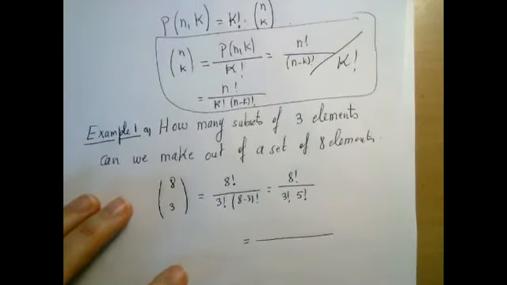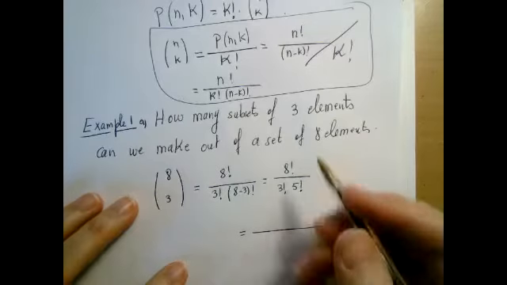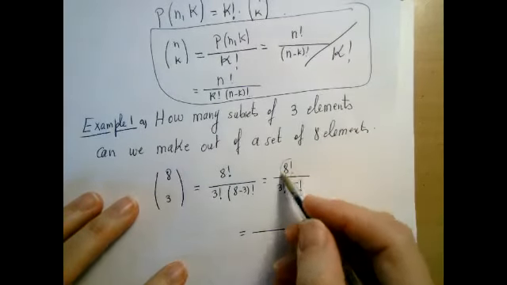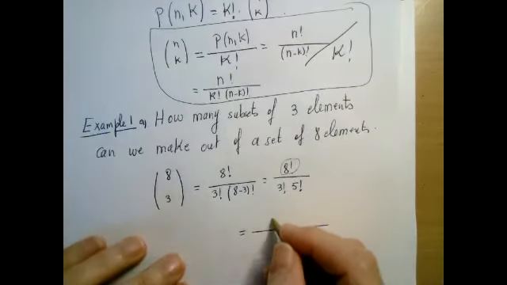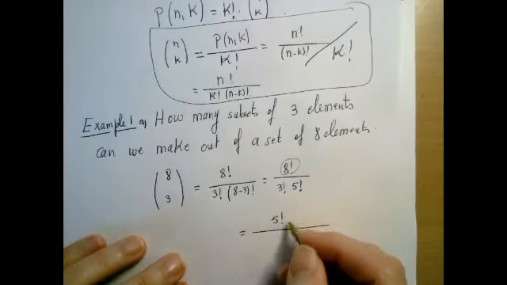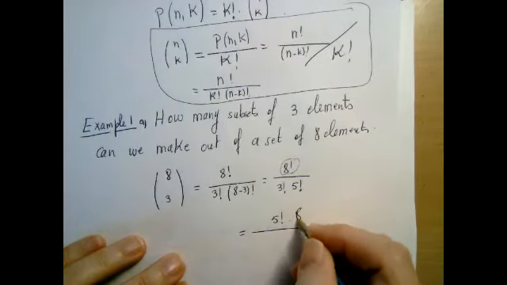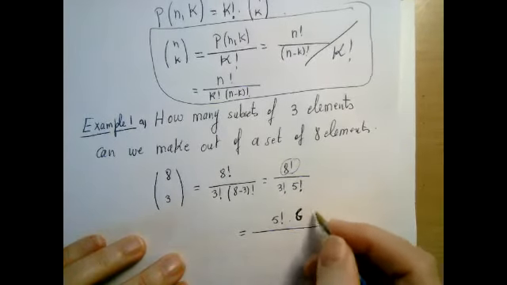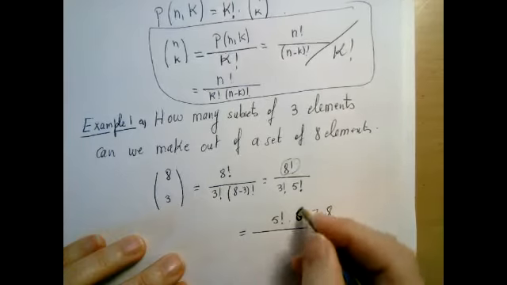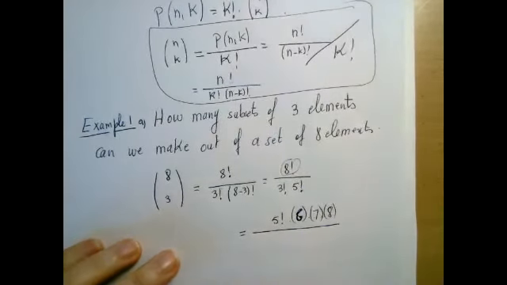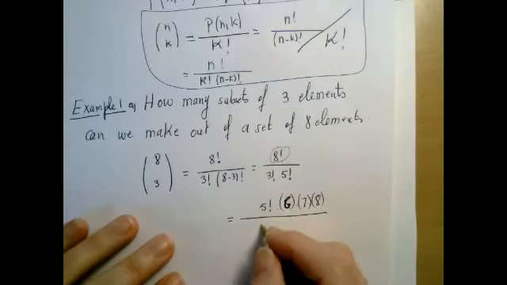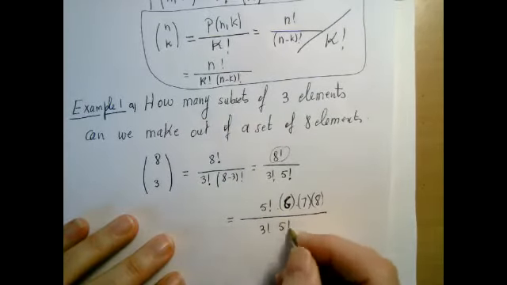What's the easiest way to simplify this? If I'm doing it, I have 5 factorial, so I'll break up the 8 factorial this way: 8 times 7 times 6 times 5 factorial, over 3 factorial times 5 factorial.